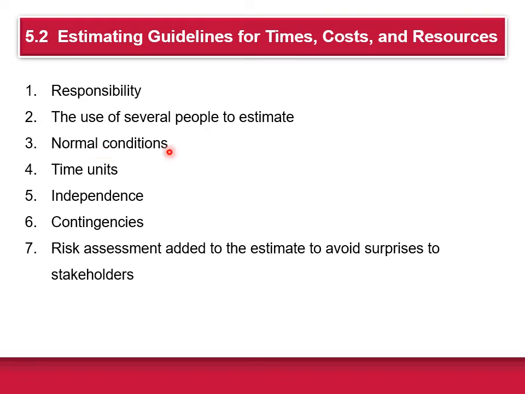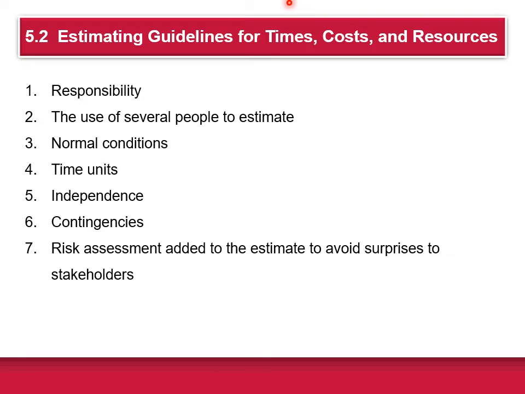Thirdly, you want to use what's called normal conditions. When time, task, cost, or resource estimates are determined, they should be based on certain assumptions. These estimates should be based on normal conditions, efficient methods, and a normal level of resources.